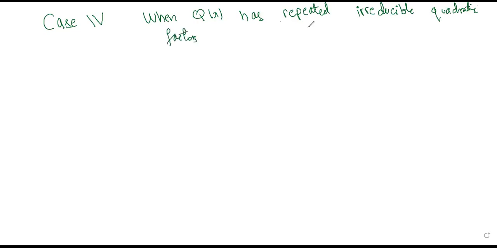We have repeated, okay? So let's say we have q of x of this type, ax square plus bx plus c. Now this factor is irreducible. I cannot factorize this. This has the power n, where n is either 2 or it is greater than 2. So for such a case, how would we go about this? It's very simple.